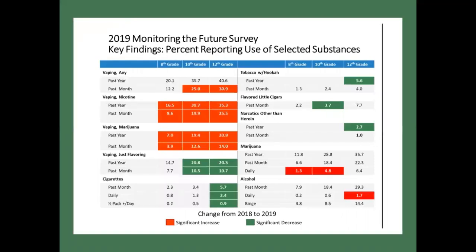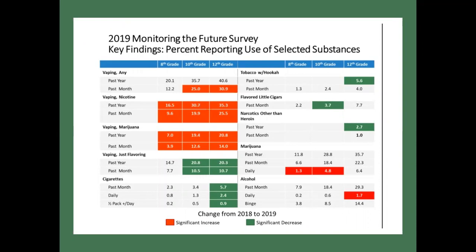So as you go into your groups, this is just a snapshot of some recently gathered data through the Monitoring the Future survey. We're just providing it for you so you can look. This would be some of the information you might get if you do what's called a prevalence survey.